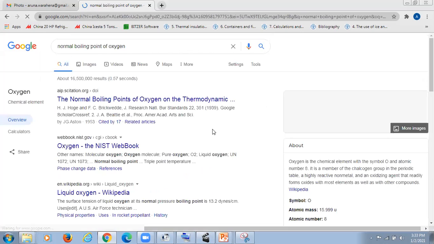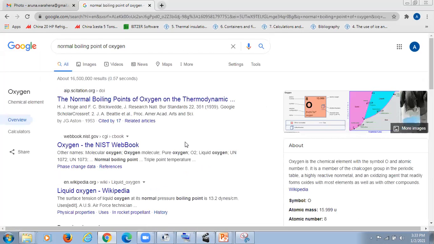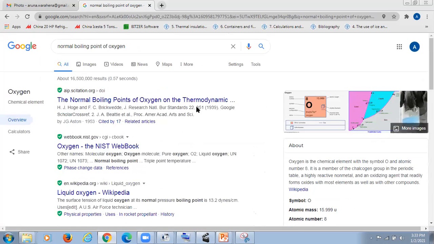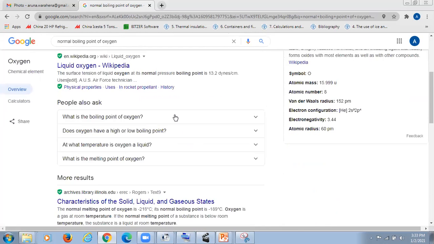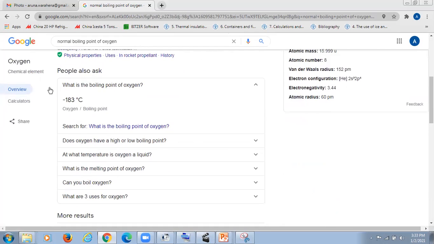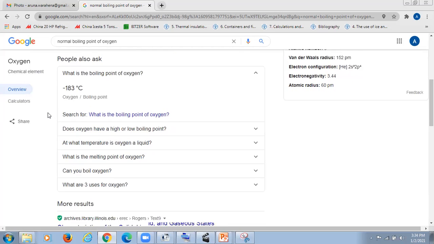See, minus 183. Is that so? I saw one. What is the boiling point of oxygen? See, normal boiling point, it's minus 183. So we have to bring oxygen to supercooled. We call it normal because normal means under atmospheric conditions, standard temperature and standard pressure.